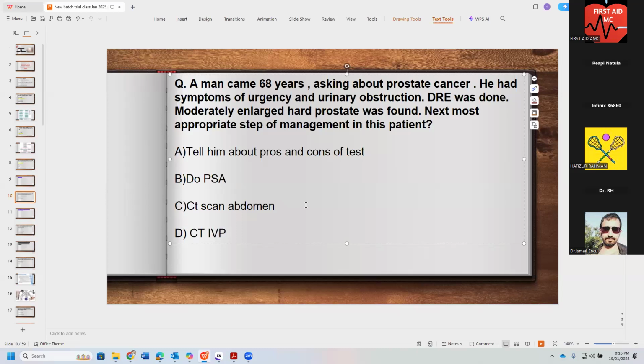What can you do now? So what would be your answer here, guys? Your answer would be, no, don't do CT scan. What would be your answer? We will do PSA now.